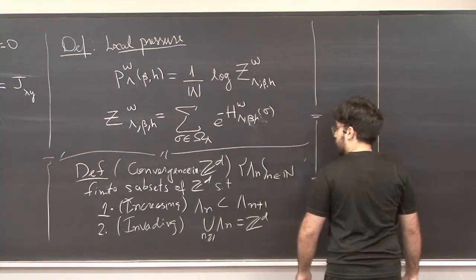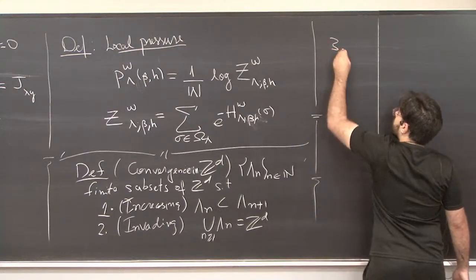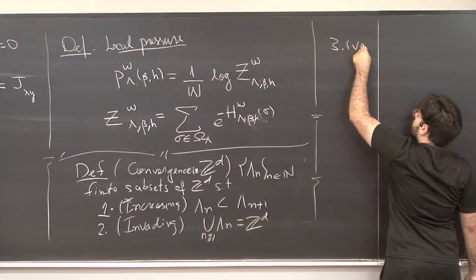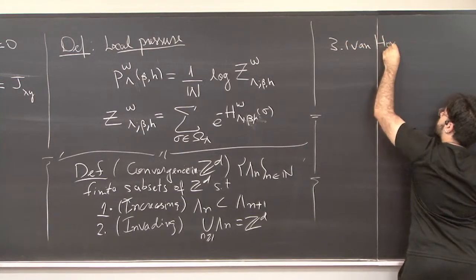And the third property that I want them to satisfy is that they must go to this limit in the sense of Van Hove.